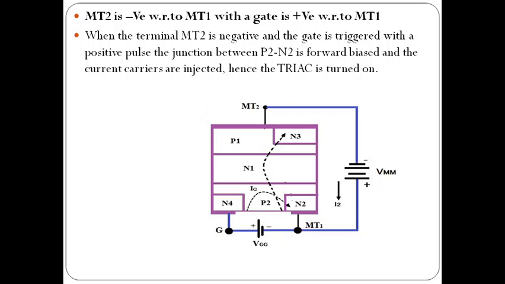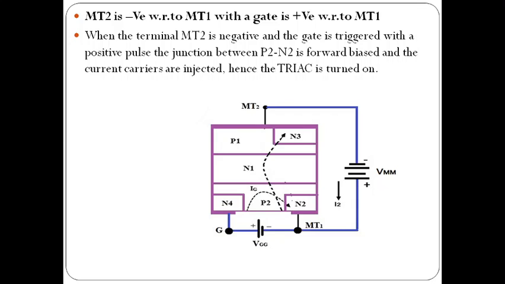Due to the negative potential of MT2, this N3 layer will be activated. This N3P1 becomes forward bias and P1N1 becomes reverse bias. Then after, the N1P2 junction becomes forward bias.